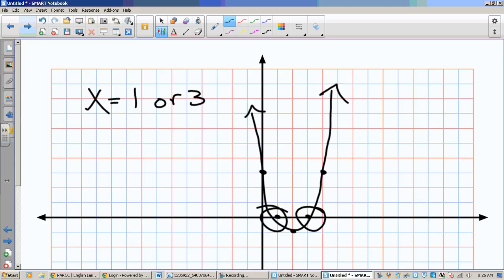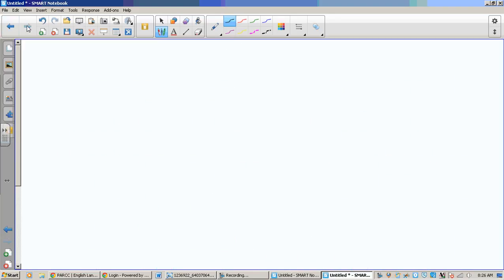Remember when we factored this. Remember in chapter 9 when we factored x squared minus 4x plus 3. Tell me two numbers that multiply to 3 but add to -4.